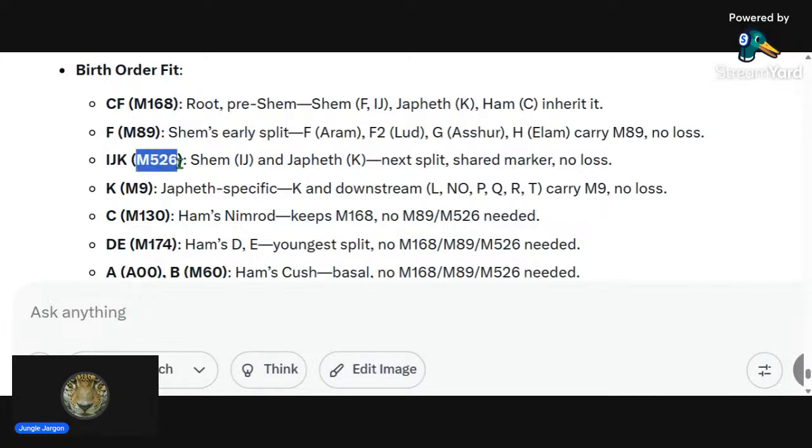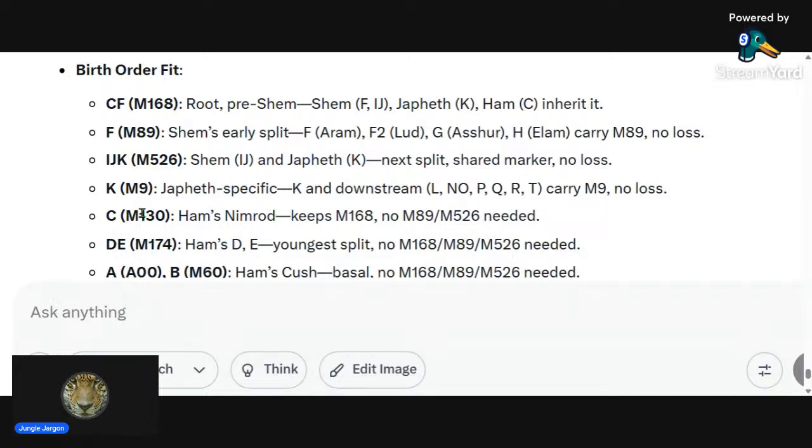K doesn't lose this M526. They retain it. Okay, M9 is Japheth-specific, elemental PQ, R, and T. They all carry M9, no loss.